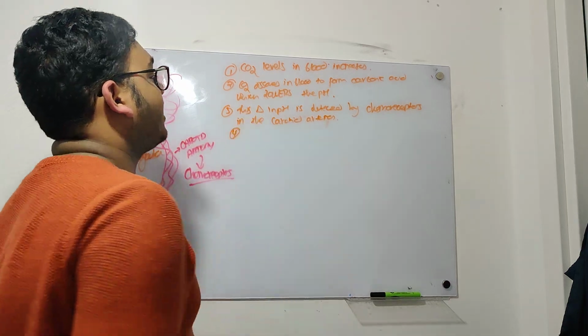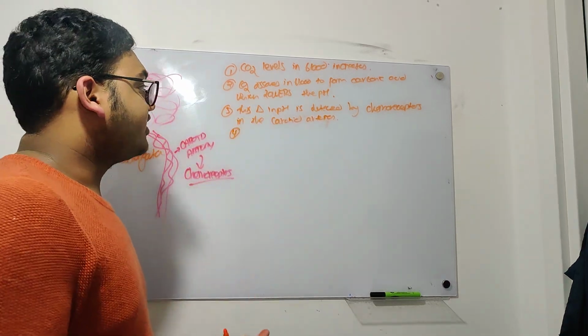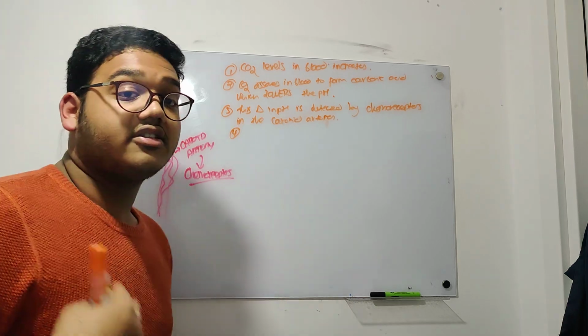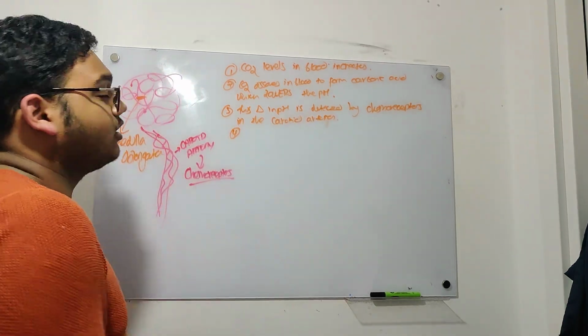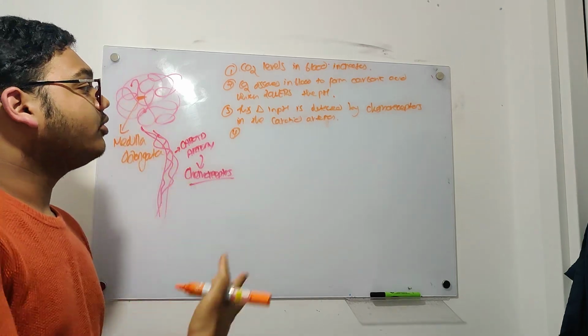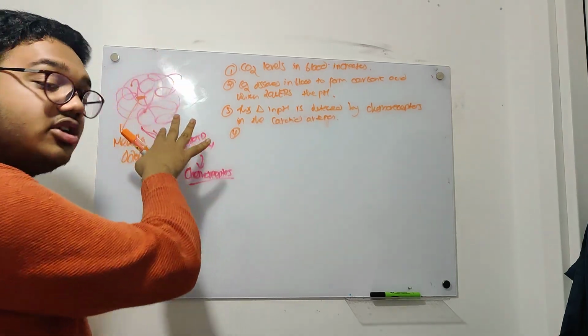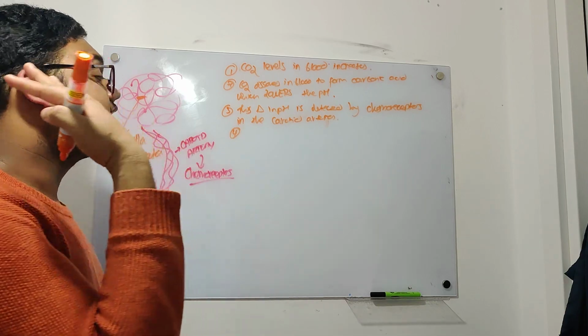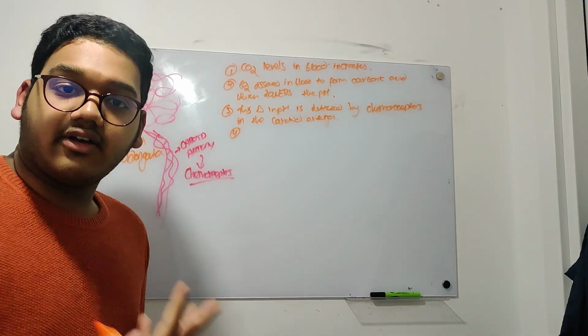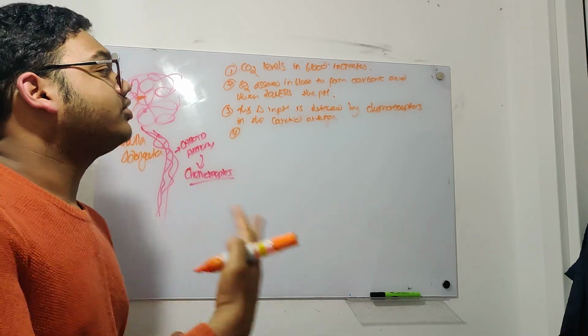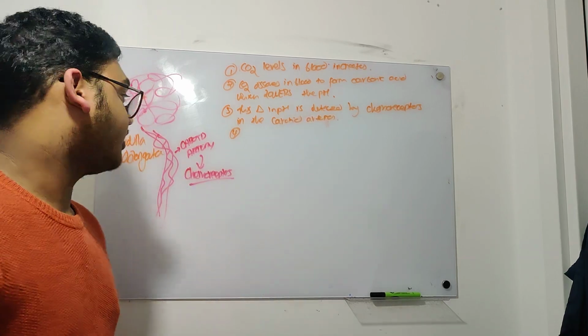What this does is that by detecting that change, those chemoreceptors start sending more frequent impulses to the medulla oblongata, and by sending those more frequent impulses, the medulla oblongata will start sending impulses to the sinoatrial node, again at a higher frequency, to ensure that the heart beats a lot faster.